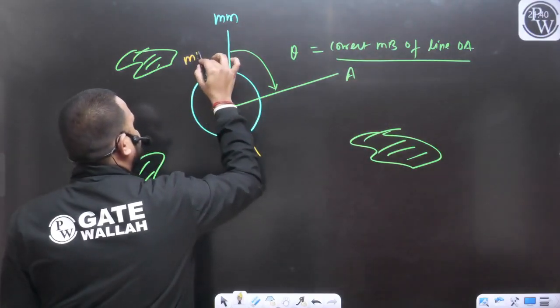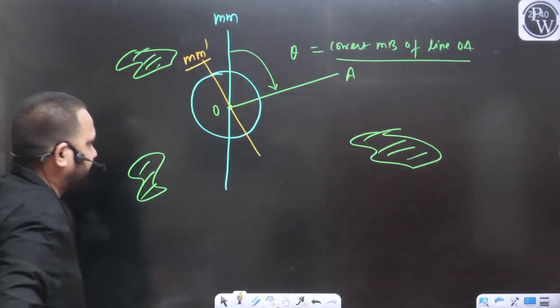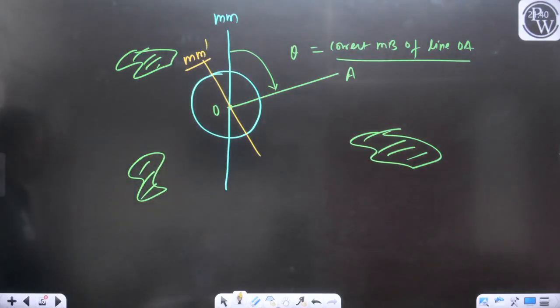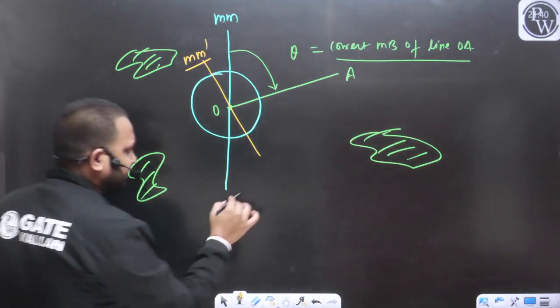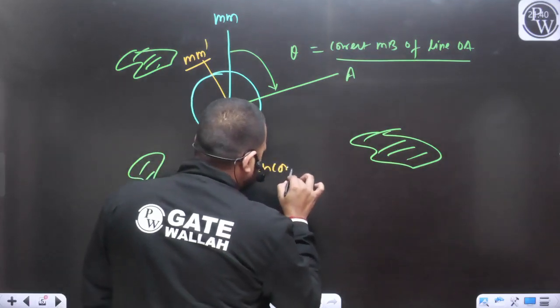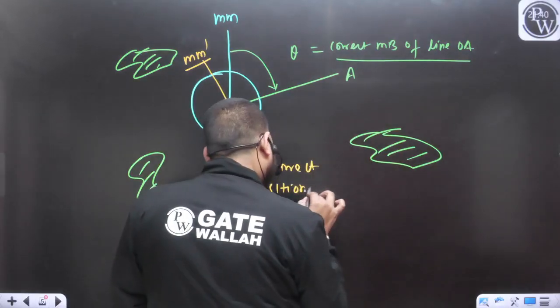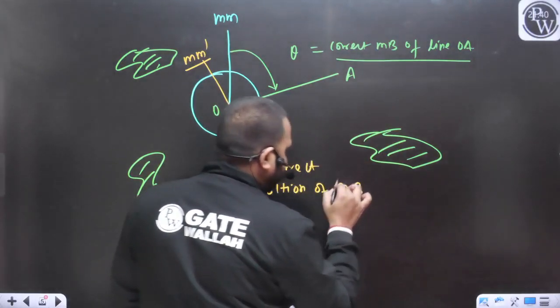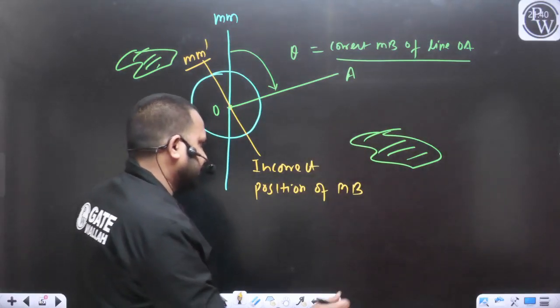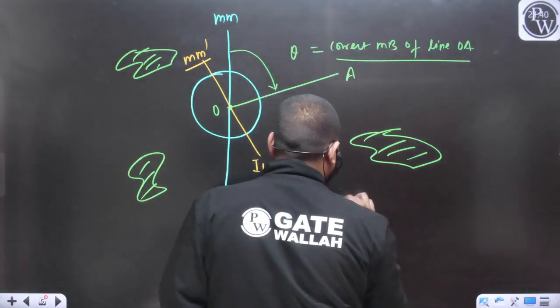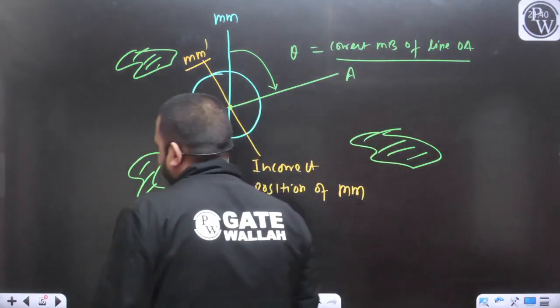If we are considering this as a magnetic meridian, can we say this is the incorrect position of the magnetic meridian? Why is it incorrect?